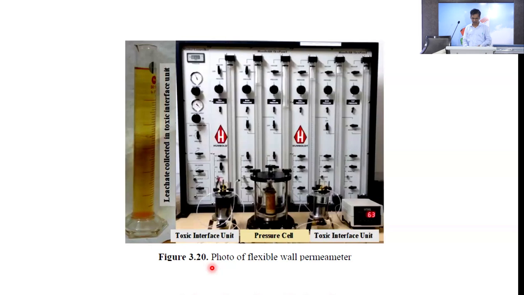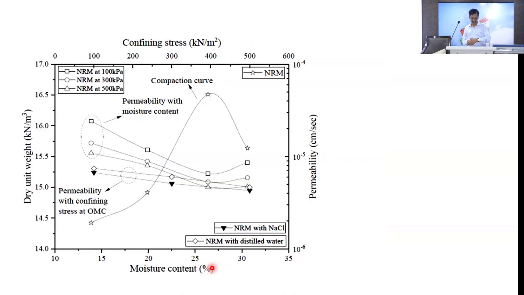This is one of the things I am showing here; for others I will not go into it. You see, I have given 100 kPa, 300 kPa and 500 kPa. Accordingly, the permeability will change. This is 10 to the minus 4 and this is 10 to the minus 6.